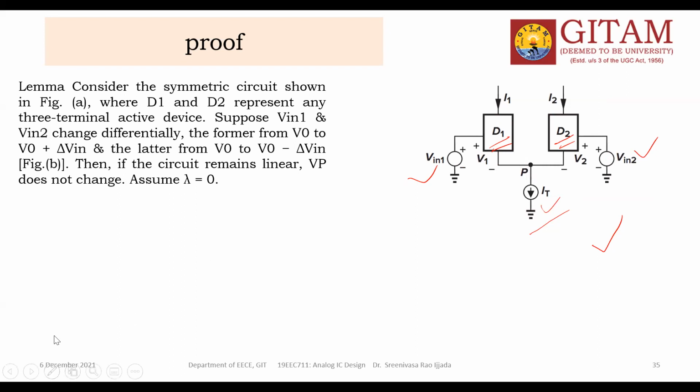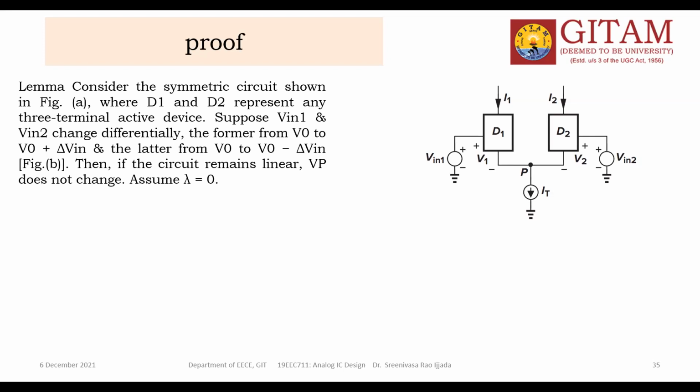Now, of course, V in 1 and V in 2 change differently. Earlier our condition was that the two inputs change by the same amount and opposite.